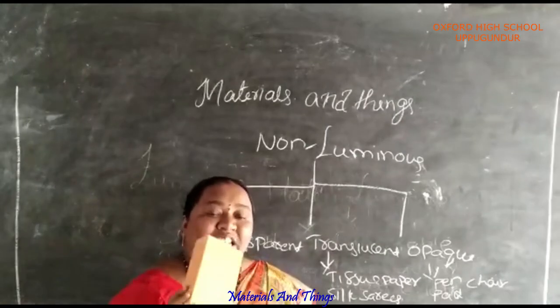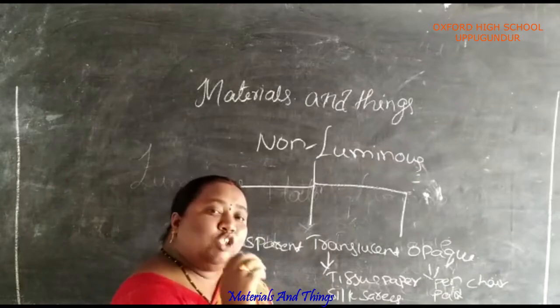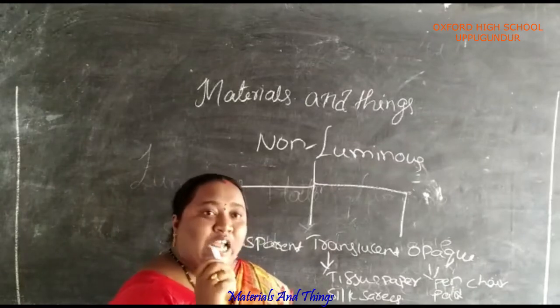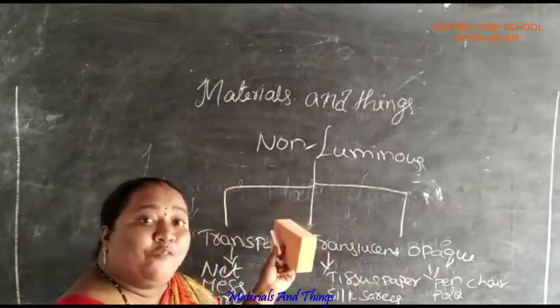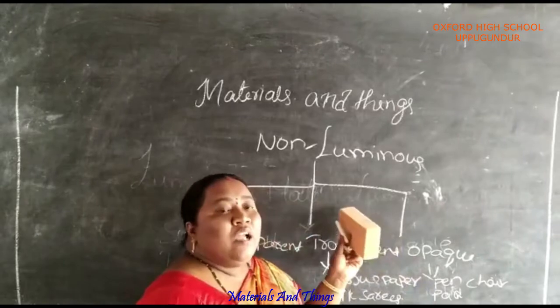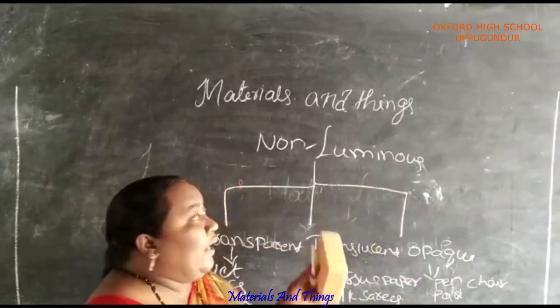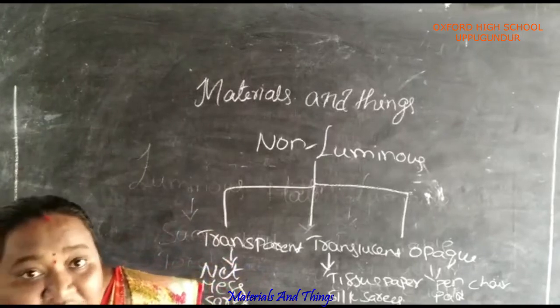It is made up of a single material. Suppose we take this blackboard. It is made up of two materials, one is stones, another one is cement.